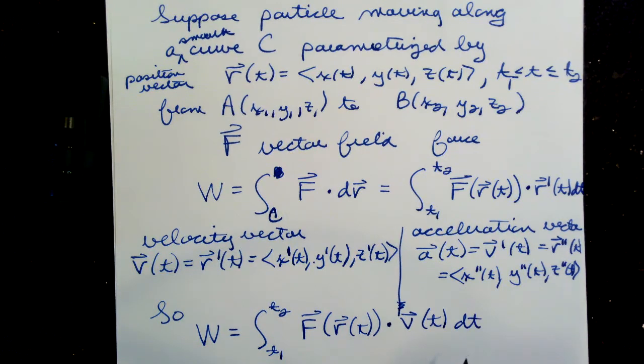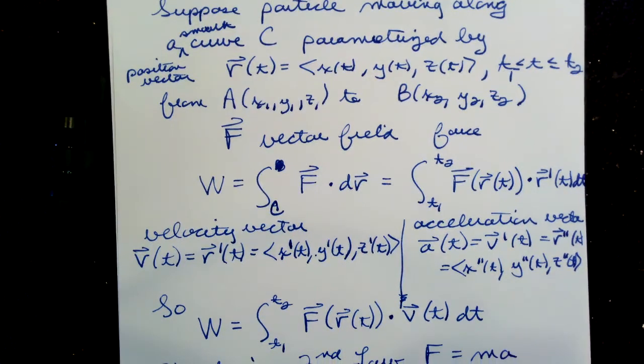On the other hand, by Newton's second law, the force is equal to the mass times the acceleration. So this is m times dv dt. So I can replace the force by m dv dt.